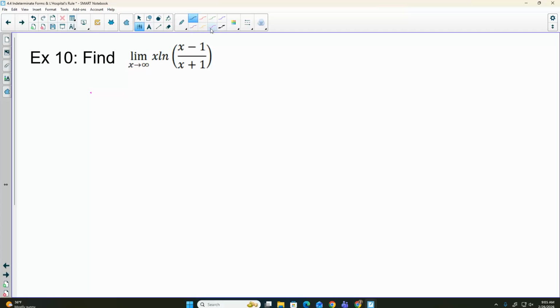If I wanted to evaluate this limit, currently if I plug in, we have infinity times, okay, this is kind of a mess, isn't it? The natural log of infinity minus 1 over infinity plus 1. It's kind of hard to tell what this is doing here.